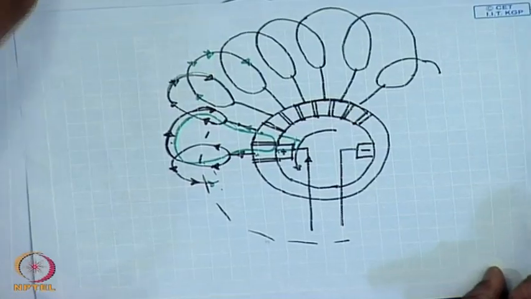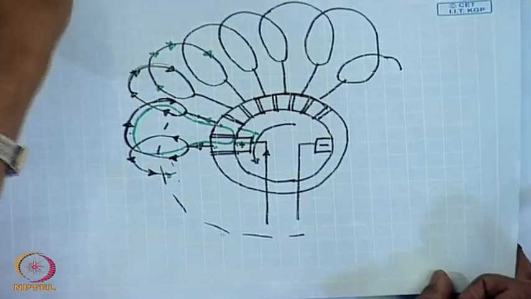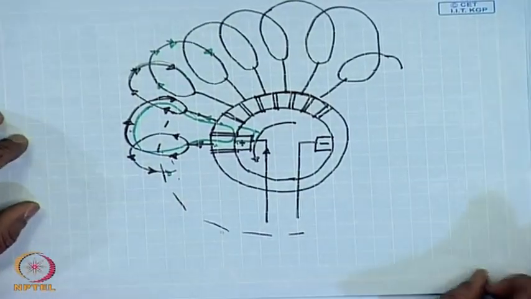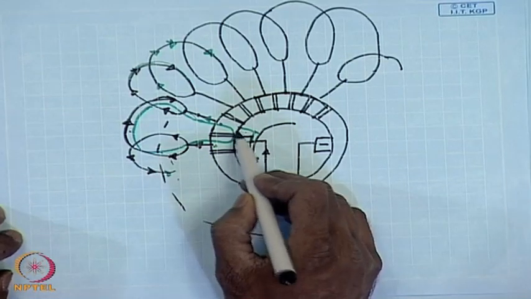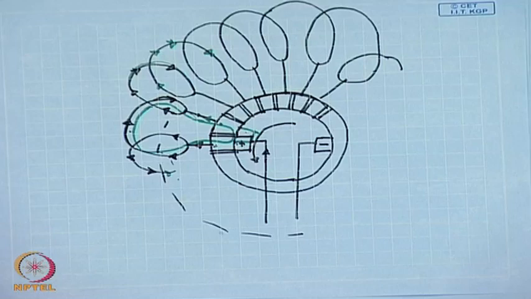One point to be observed is that in the process of commutation, the coil that undergoes commutation is shorted for a while, and we know that when these coils rotate under the influence of a magnetic flux, voltage is induced in them.